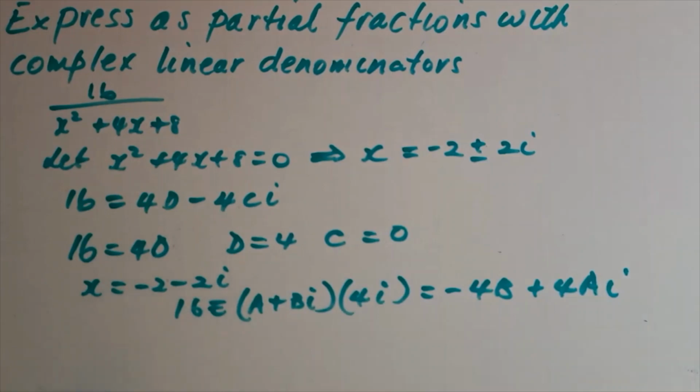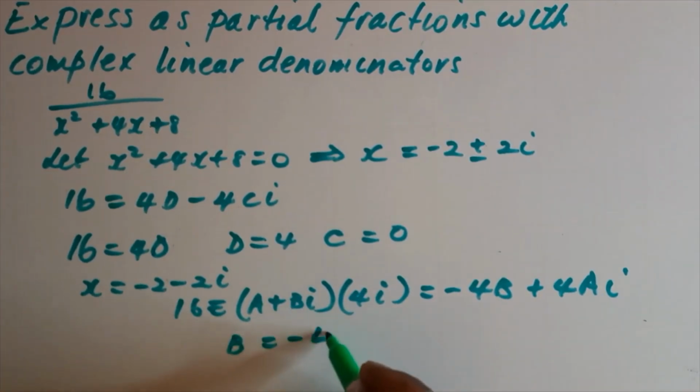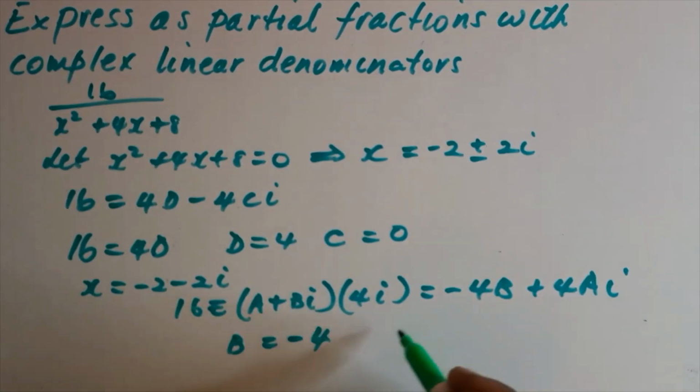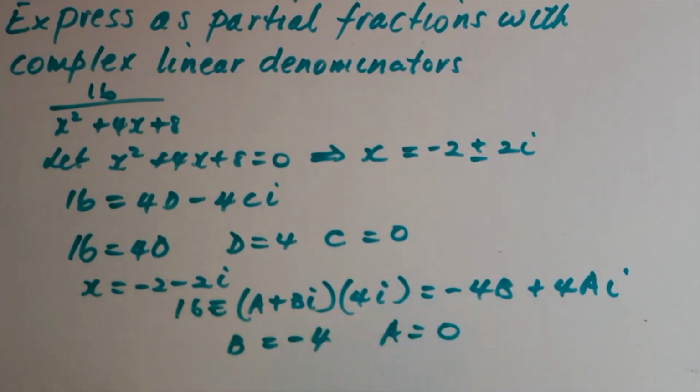Again, if we equate the real parts and the imaginary parts, we have a real part 16, and on the right -4b, no imaginary part, so a is 0, but b is -4. a is equal to 0.